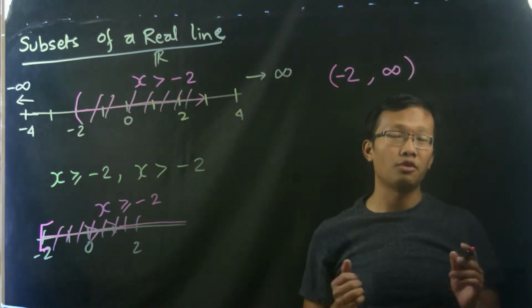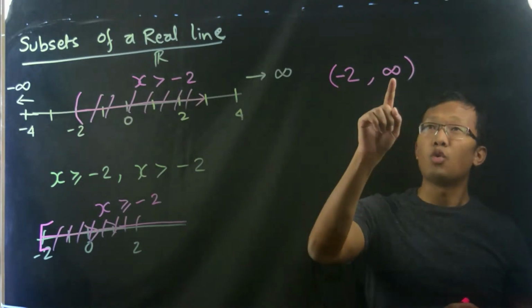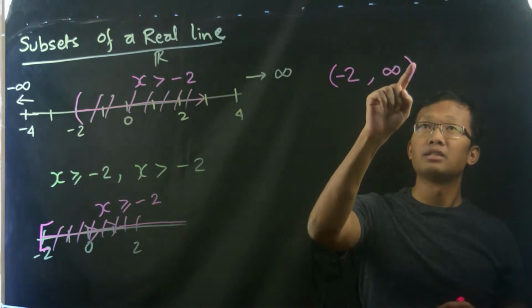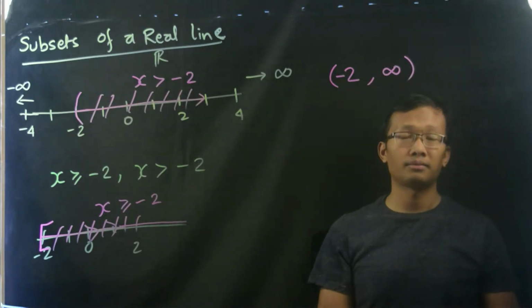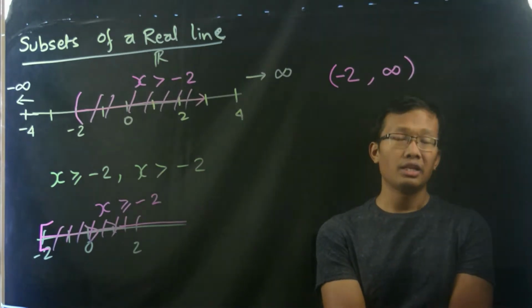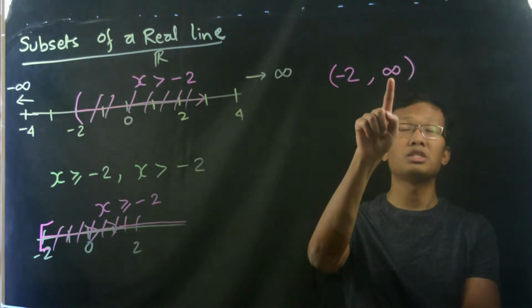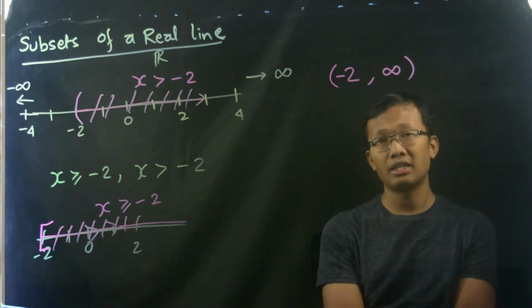Parentheses are the notation for non-inclusiveness. And why did I write a parenthesis for infinity? That's a question. You might know that infinity is a concept, an idea that it is bigger than everything. This positive infinity is bigger than every number.